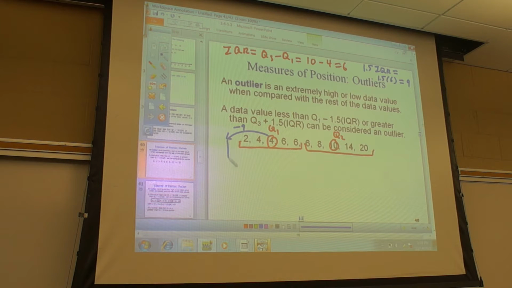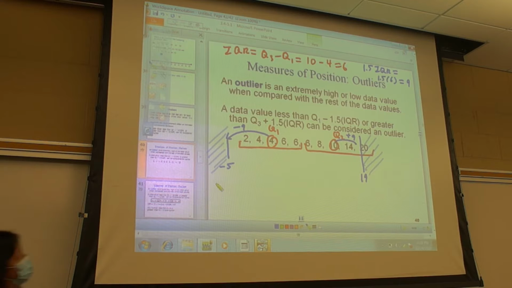So I'll get to -5. I'm going to take my Q3 and add 9. So then I get to 19. Anything beyond 19 in this way, or beyond -5 in that way, is going to be an outlier.